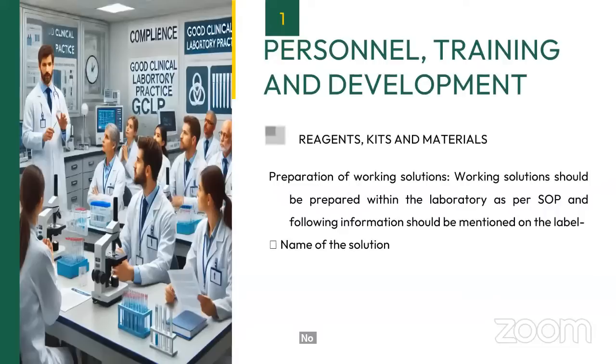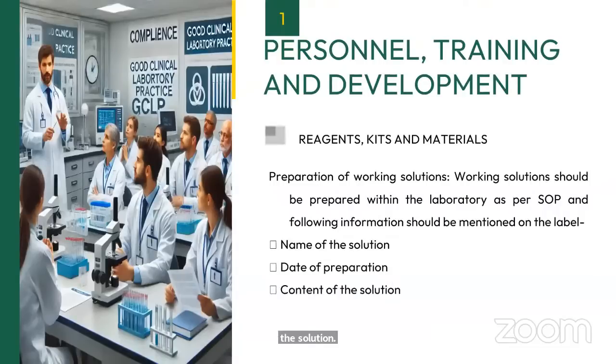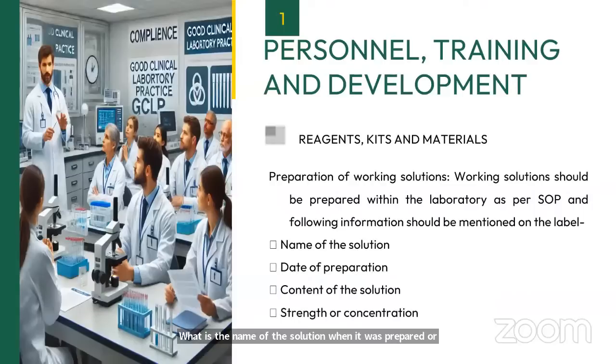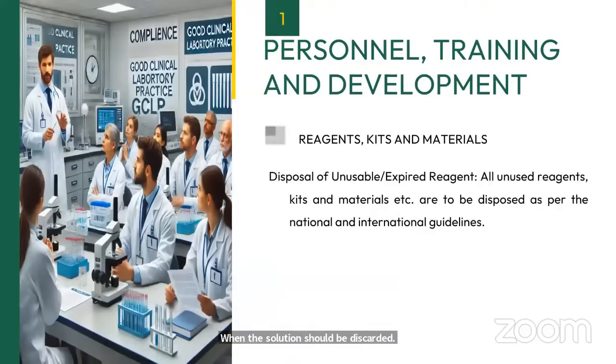The name of the solution, when it was prepared or reconstituted, what it contained, the content of the solution, strength or concentration, again normality, molarity or any percentage, it should be mentioned on the label. Storage condition, how and how long it should be stored. Expiry date, that is when the solution should be discarded. So the expiry date also should be mentioned.